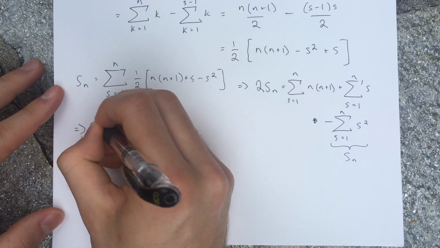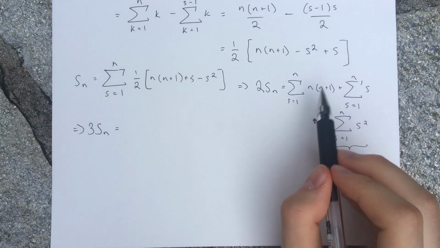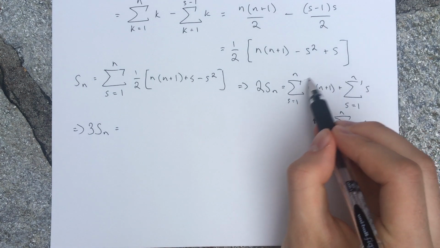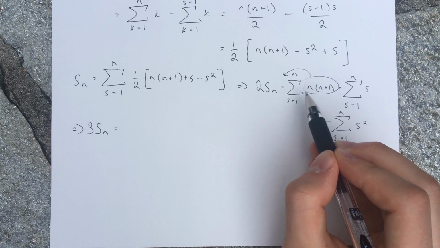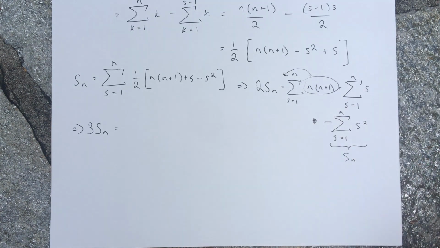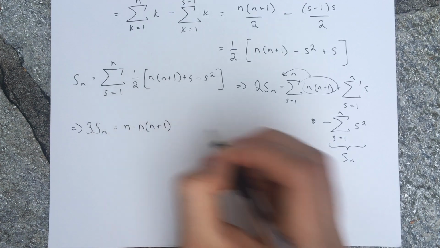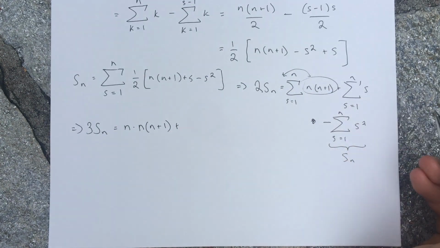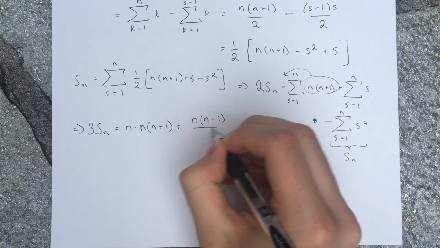This tells us that 3Sn is equal to, okay, well, we can take this, since it doesn't depend on s at all, we can just take this expression and move it outside, and we have the sum of 1 n times. So we have 1 plus 1 plus 1 n times. Well, that's just n, right? So we have n times n plus 1 plus the sum of s. Well, what is the sum of s? That's just n times n plus 1 over 2.